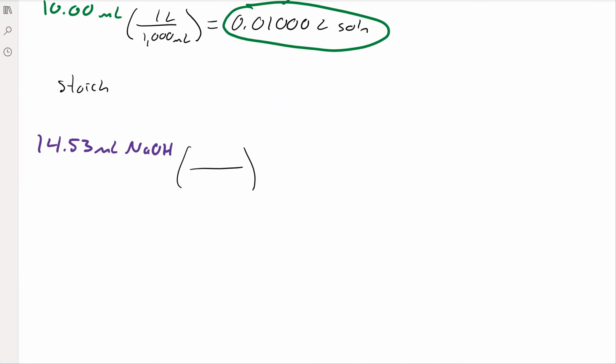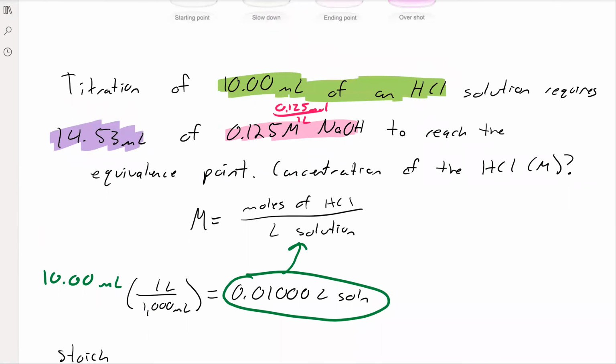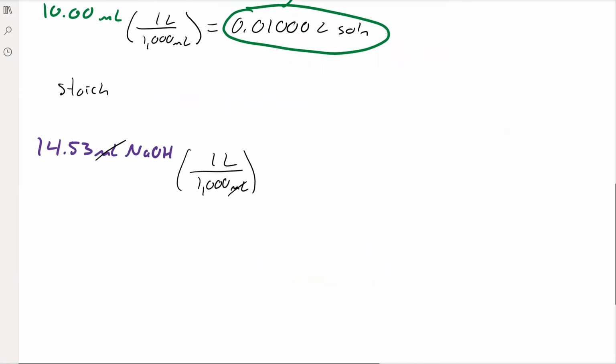But first we have to change this to liters. 1,000 mL, 1 L up here, that then becomes liters. And now that it's liters, we can then use our molarity concentration to cancel some more units out and continue our conversion. So here we would have 0.125 moles, and then down here, we would have 1 liter. And so then the liters and liters would cancel out.